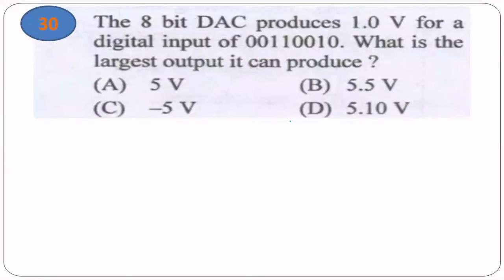Now let us look into the last practical solution for this particular part of our discussion. That is, an 8-bit DAC produces output voltage of 1 volt for a given digital input. Okay, given digital input is 0, 0, 1, 1, 0, 0, 1, 0.